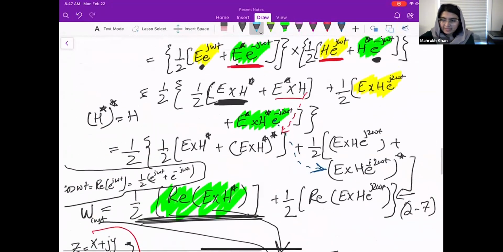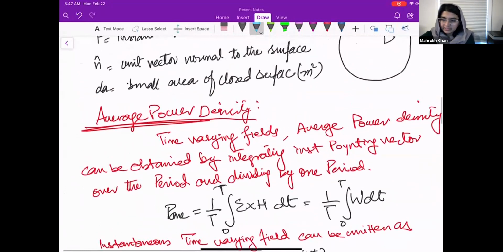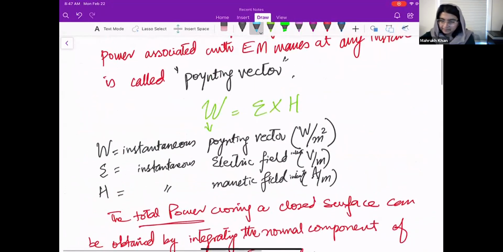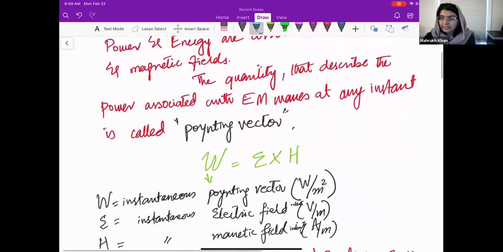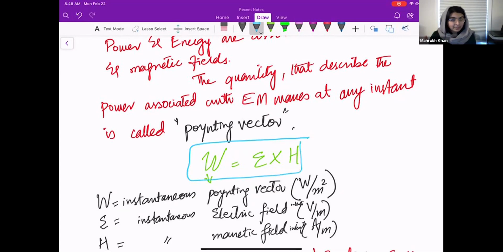If I just summarize it here, let me come back to this. What I said here is that our instantaneous Poynting vector is the cross product of E and H, where the instantaneous Poynting vector is the instantaneous power density, right? Are we clear about this?